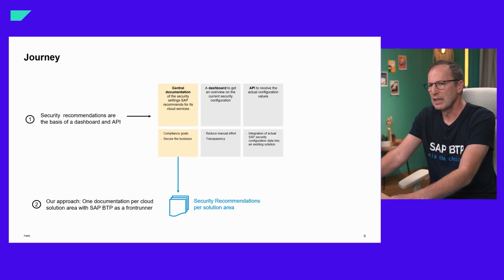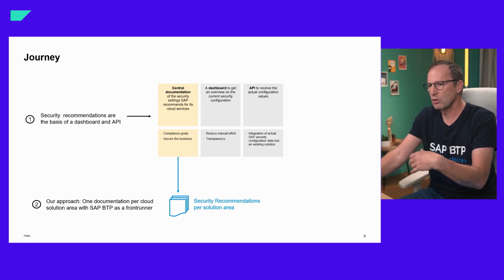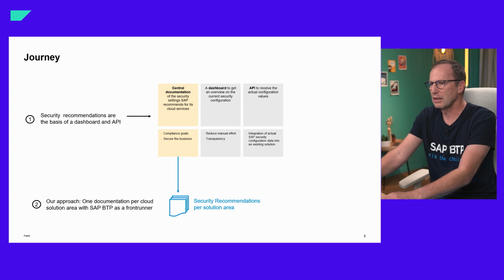And now, how did we approach this? Last year we created the central documentation of the security settings with the recommendations for all the cloud services. Our approach is that we have one documentation per solution, and you can have a look at them.